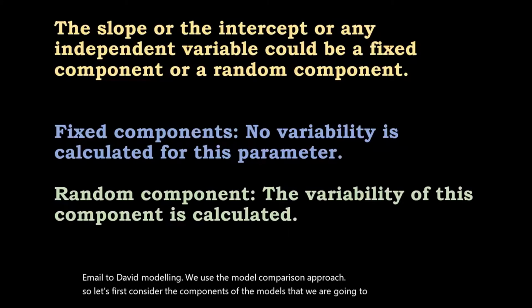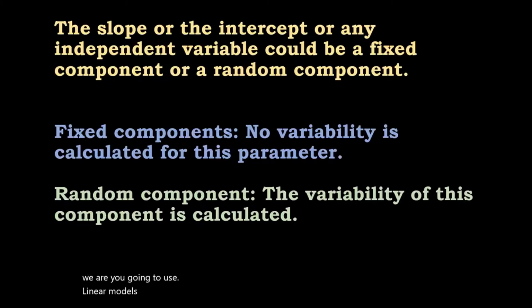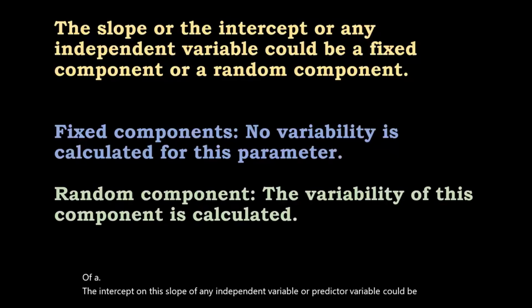Basically, we are going to use linear models, and linear models have a slope and an intercept. The intercept and the slope of any independent variable or predictor variable could be a fixed or a random component.